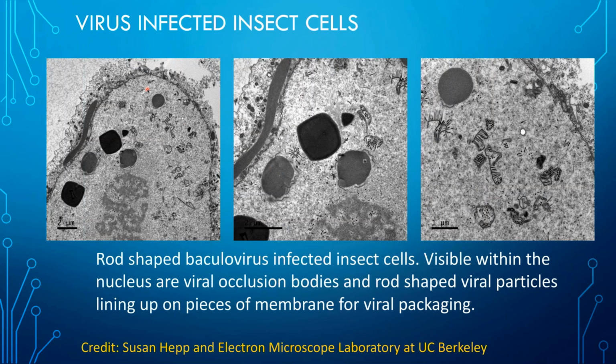Jumping to a different type of sample, and we're going to hit a whole variety of these types of samples. This is virus-infected insect cells, and these viruses are baculovirus. Basically they make these viral occlusion bodies in the nucleus as they start to replicate, and they're rod-shaped viruses that get packaged up. You can see them assembling in these lines as they're packaged.